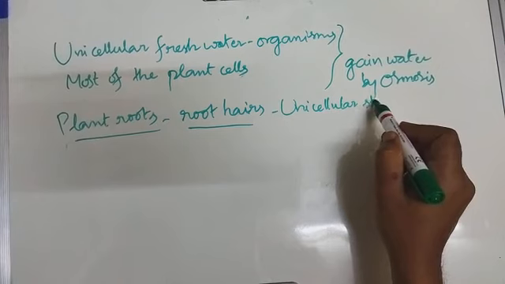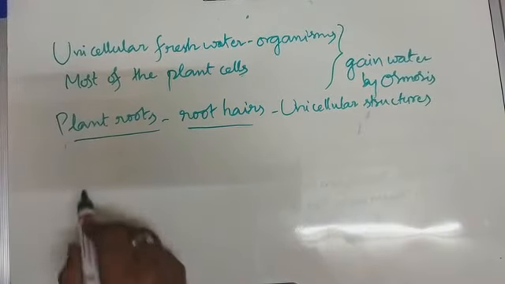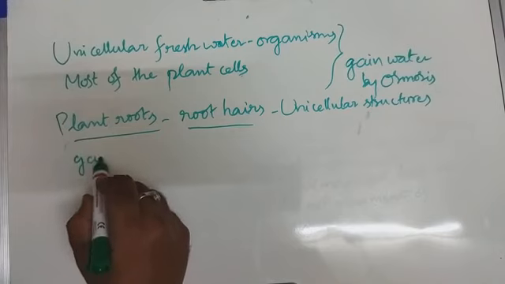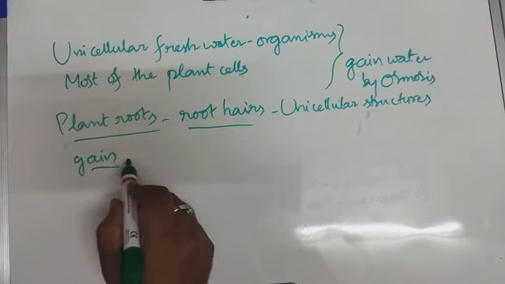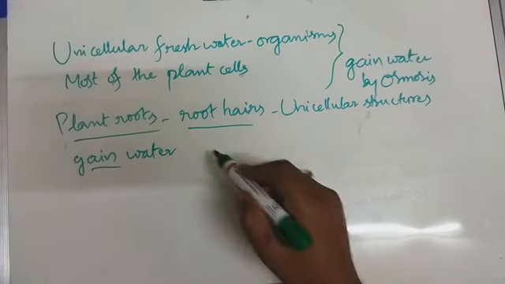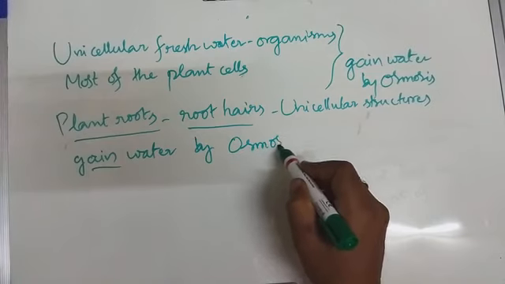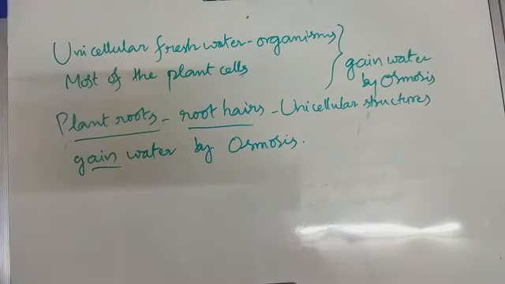These root hairs gain water by osmosis. So absorption of water by plant roots is an example of osmosis.